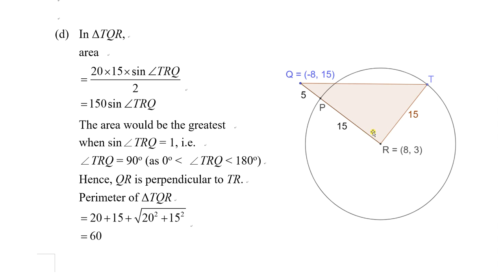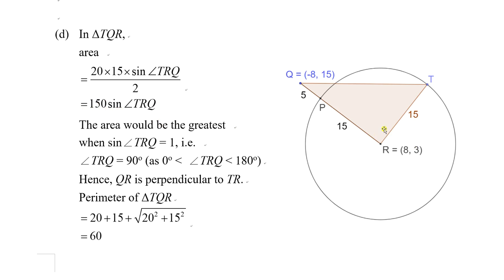Okay, so you will get that is 150 times sine angle TRQ. That means the area of this triangle is controlled by sine angle TRQ. And when would sine angle TRQ be the greatest? That is when angle TRQ is 90 degrees.